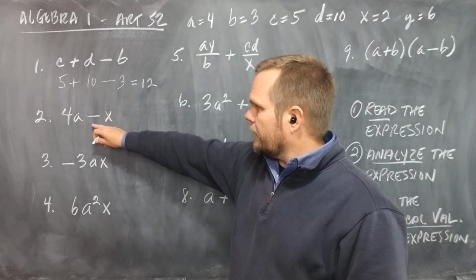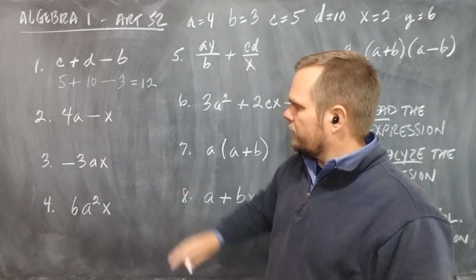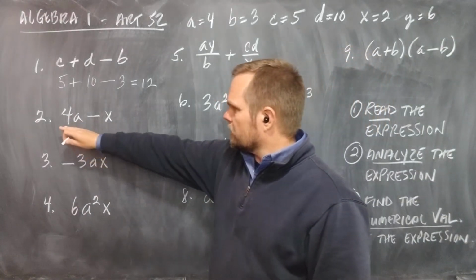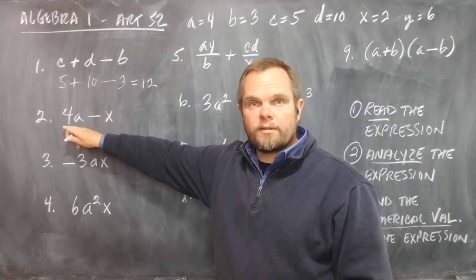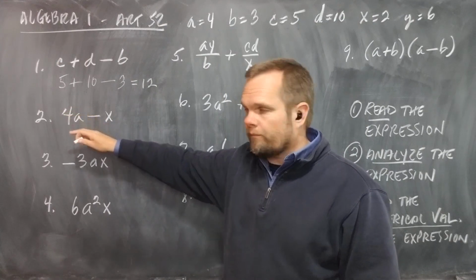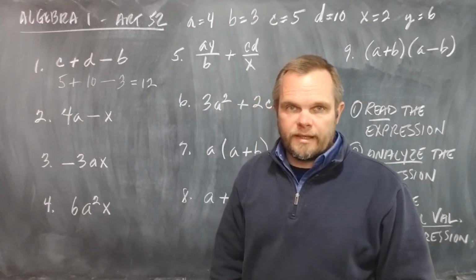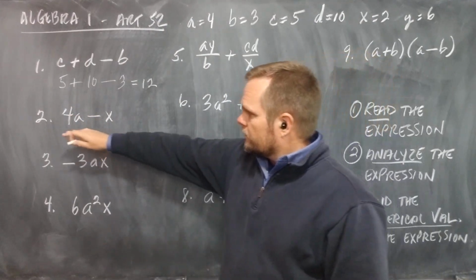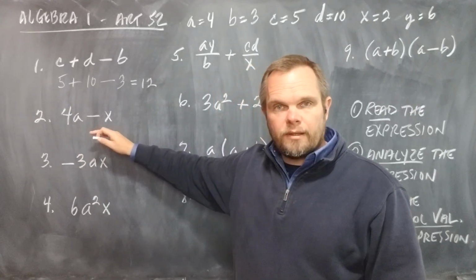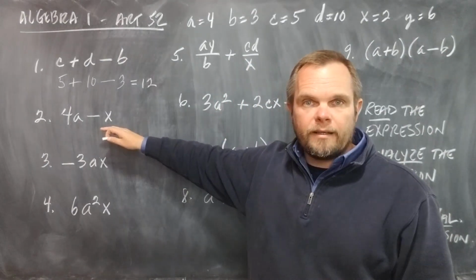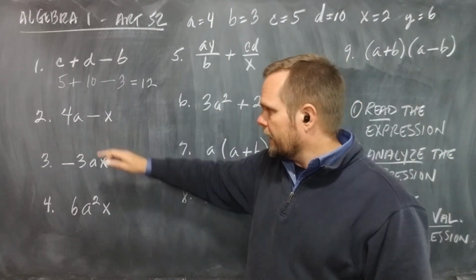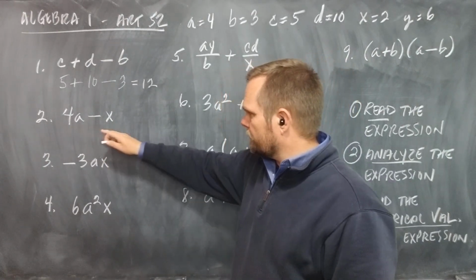The sign minus separates these quantities and gives us an expression with two terms. 4a, or 4 times a, is one term, and x is a second term. Since there are two terms in this expression, it is a binomial.